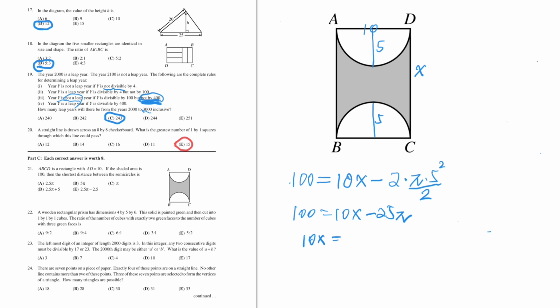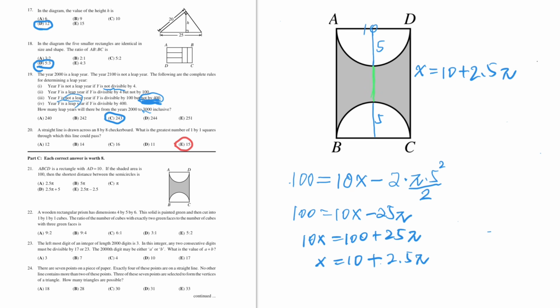10x equals 100 plus 25 pi. Dividing both sides by 10, x equals 10 plus 2.5 pi. And they ask for the shortest distance between the 2 semicircles.